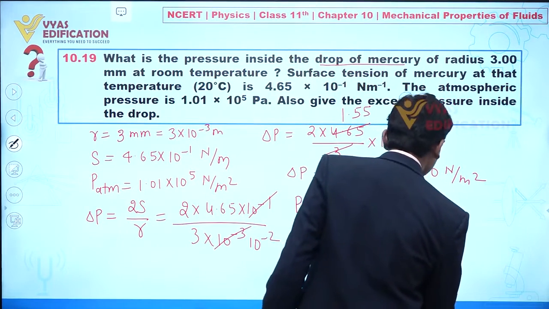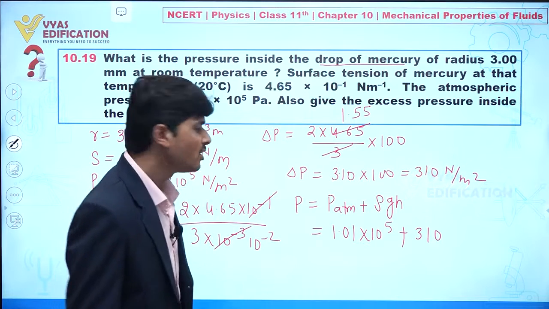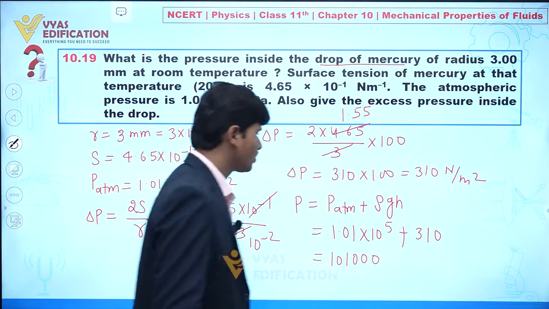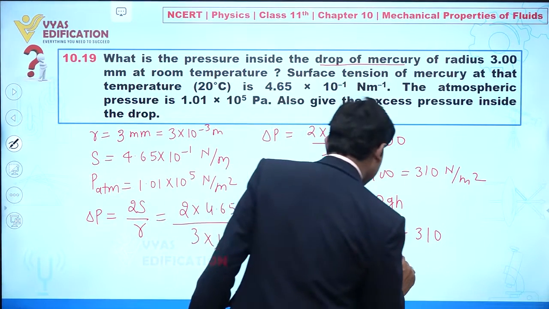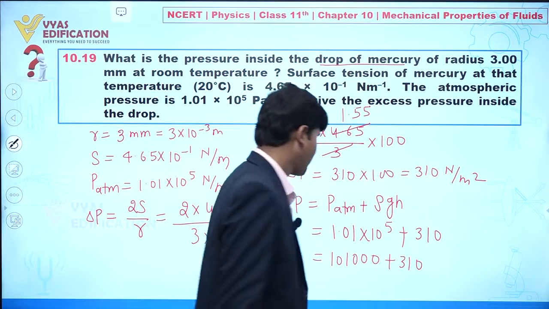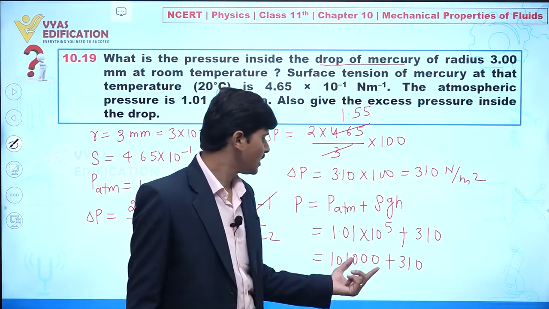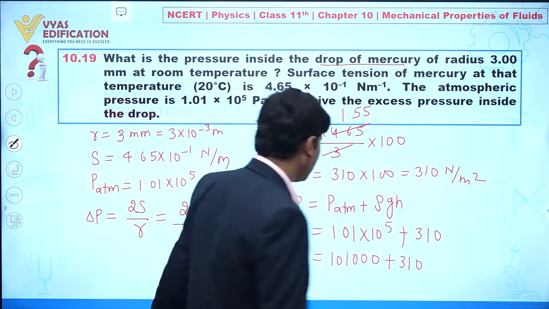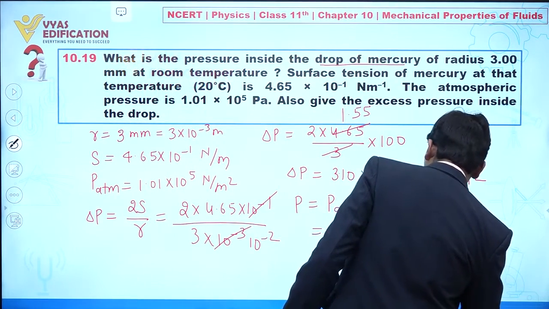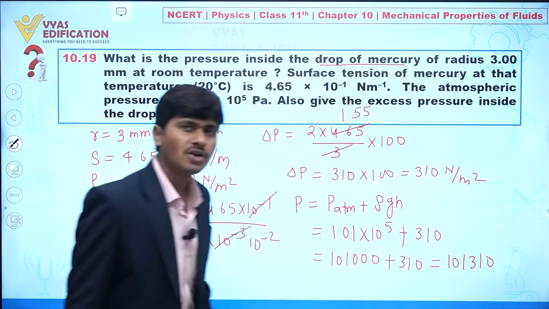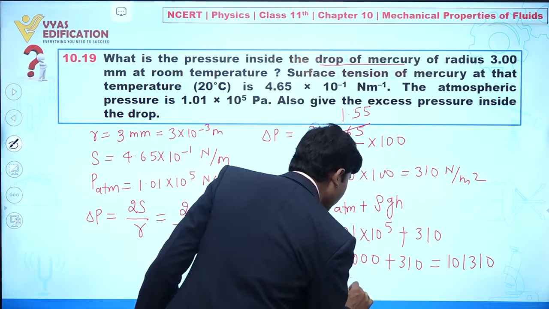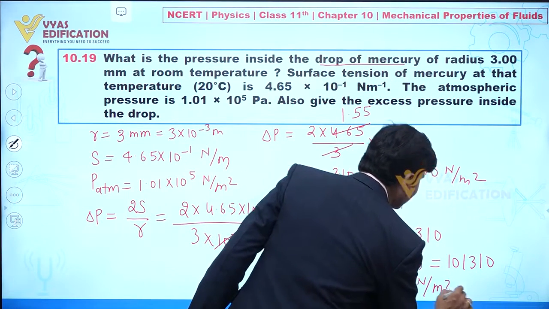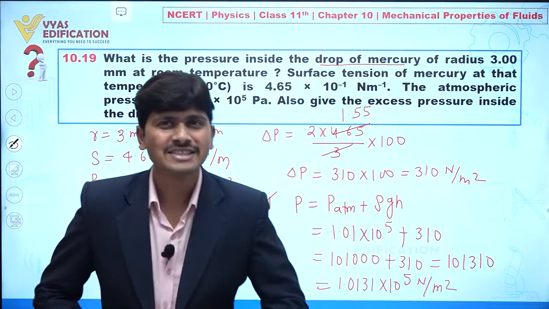So from here we can write 101,000, yes or no? Yes. Plus 310. 1.01 into 10 to the power 5 is 101,000, plus this one, so you can write 101,310. Or you can say we are getting absolute pressure equal to 1.013 into 10 to the power 5 Newton per meter square. Clear to you? So this is all about this question. Clear?